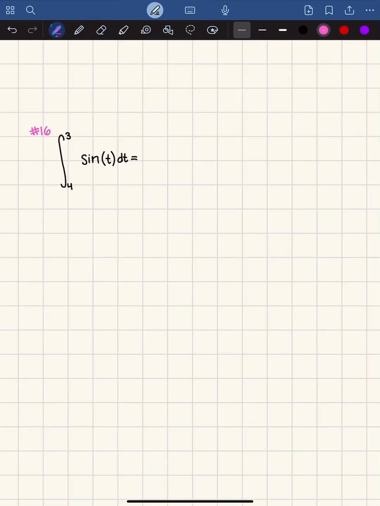So for the last one, it's the same idea. We have to take the antiderivative of sine t. If you don't already have this memorized, another way to think of it is which function's derivative is equal to sine t. I can think back and remember that negative cosine has the derivative of sine. So negative cosine t is the antiderivative of sine t.